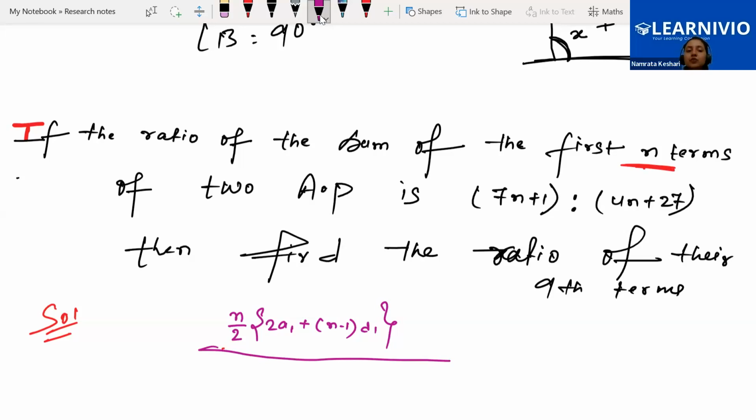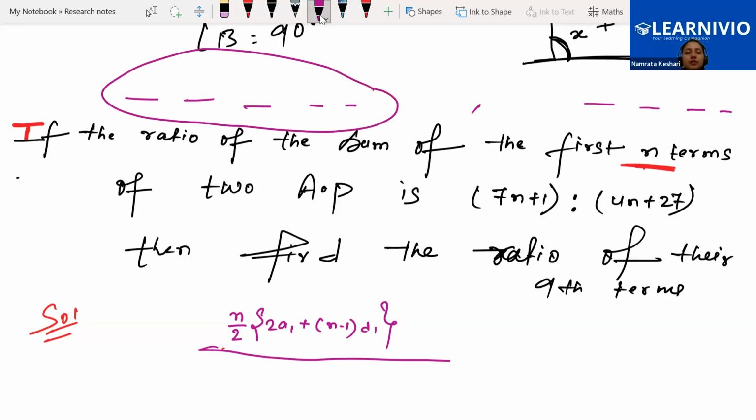Basically, let me explain what the question says. Two different APs: one AP and then a completely different AP. The ratio of the sum of first n terms from the first AP to the sum of first n terms from the second AP is given.